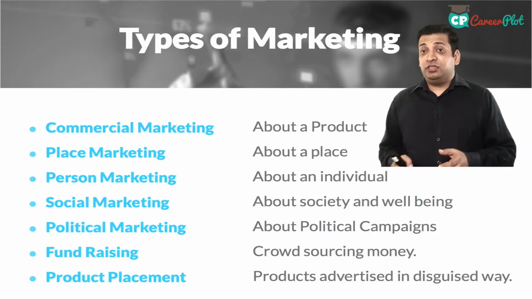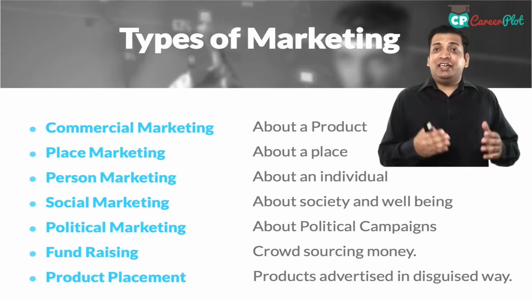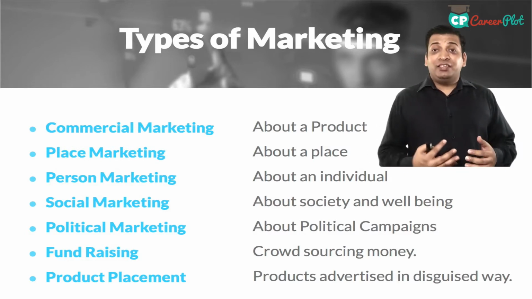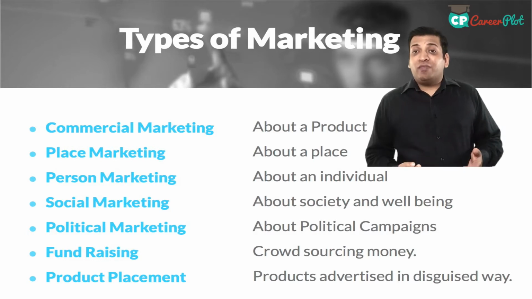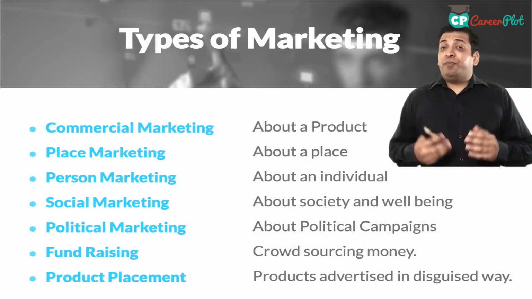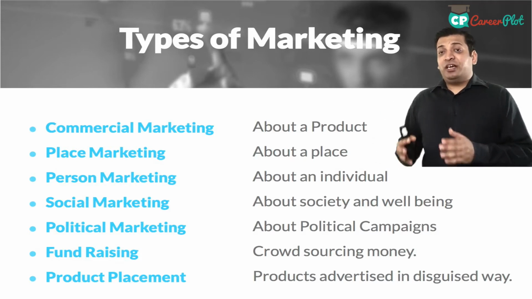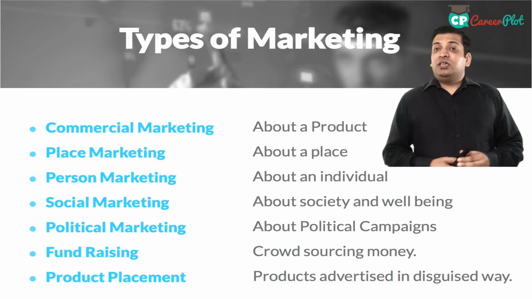Malaysia is a tourism destination. For example, Gujarat has its own marketing campaign. Every state in India has its own marketing campaigns to market its places for tourism. Temples have their own way of marketing themselves, so that people can visit them. Typically place marketing is done for people to visit those places.